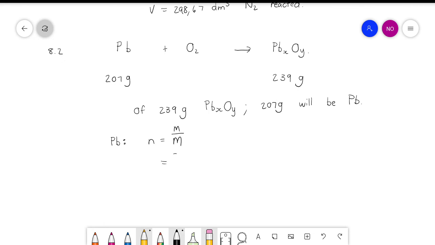Sy massa gaan 207 wees, molêre massa van lood is 207 hoeke op die kop. Een mol van hom. En nou gaan ek dieselfde doen met die suurstof.